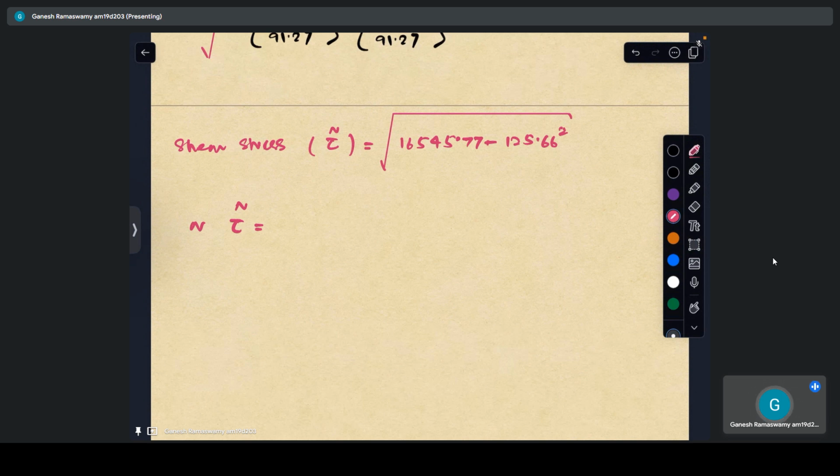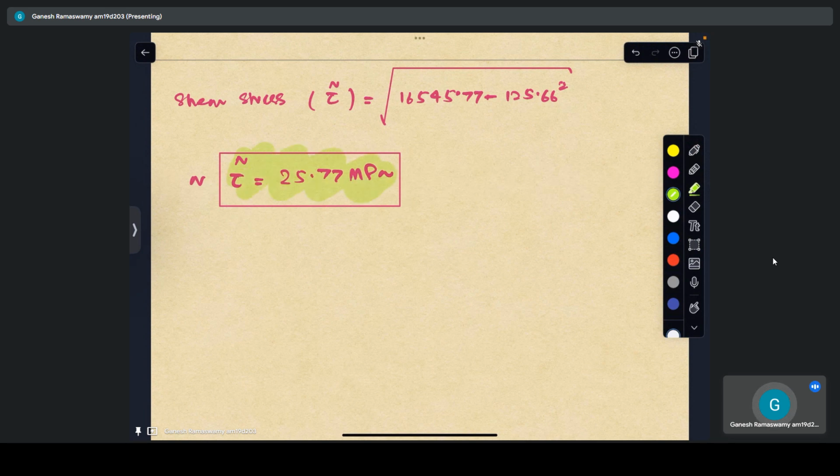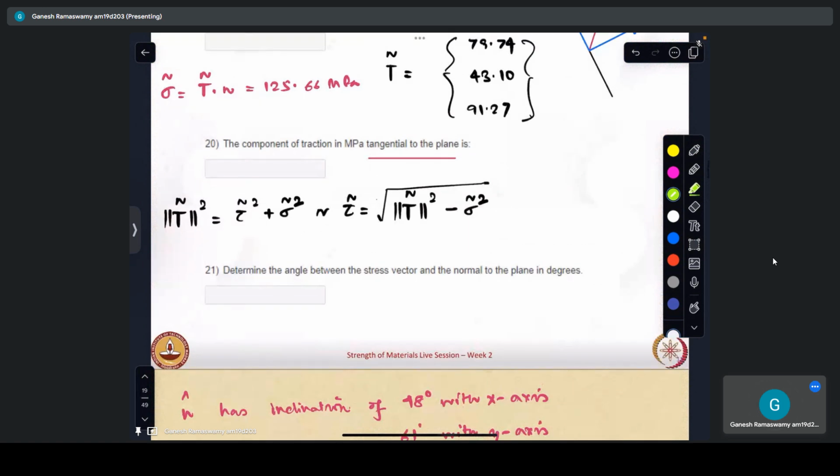So this comes out to be 25.77 MPa. So we have got the shear stress as 25.77 MPa, which we can write here.